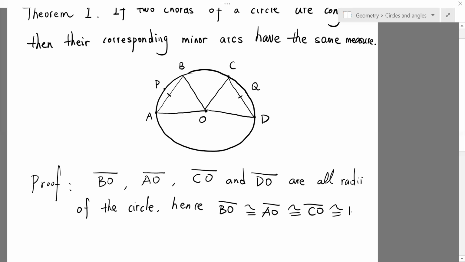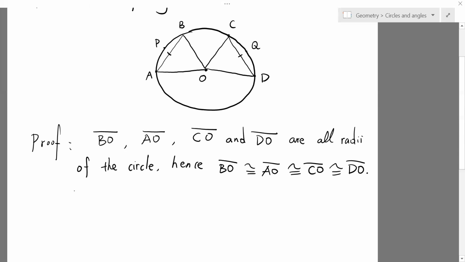Now, by the side congruent condition, we merely conclude that the triangle AOB and the triangle COD.